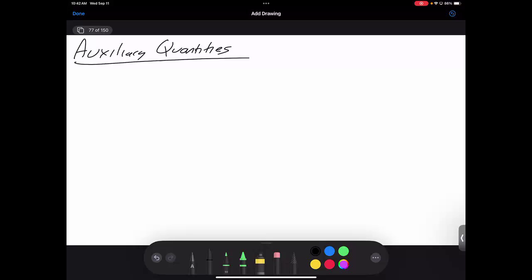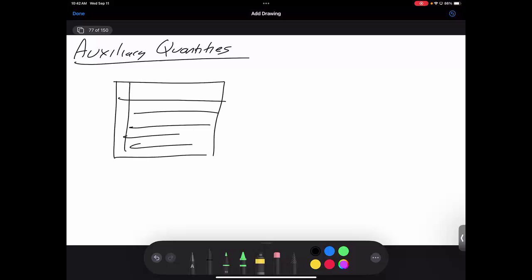You might have seen this in geometry where you introduce auxiliary lines to try to prove something. We don't care about those lines; we care about the result at the end of the day. So we sometimes introduce auxiliary quantities which are easier to work with, and then we can forget about them at the end, but they help us with the calculation. So we're trying to do the Catalan numbers.